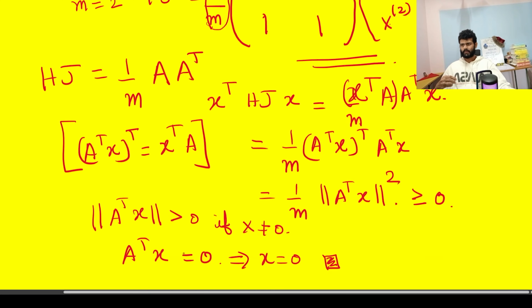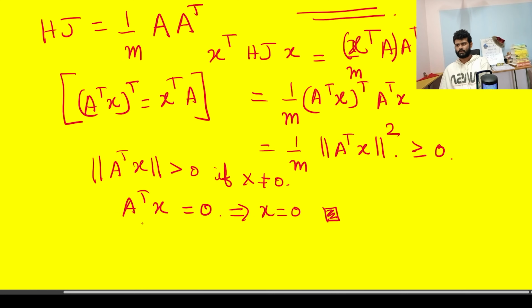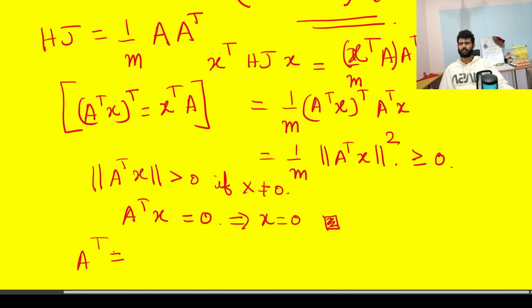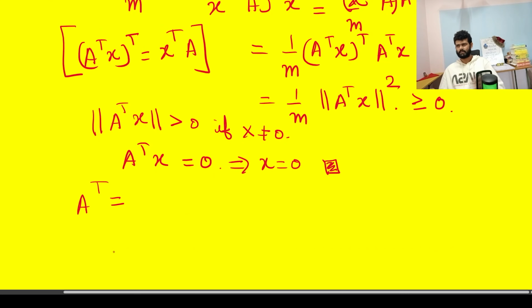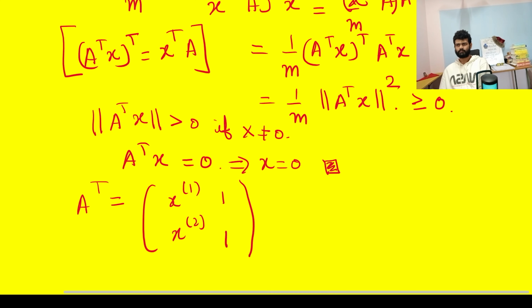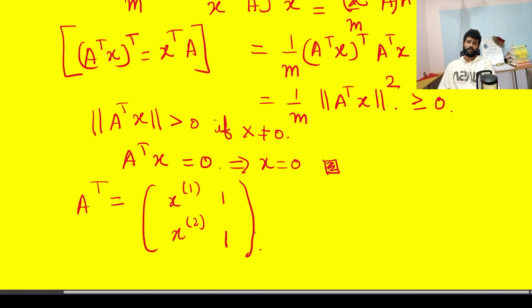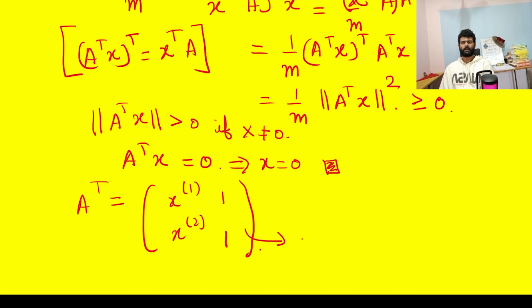Okay, so is this true? Because remember, A transpose is this particular matrix here. Let me write it down. x1, x2, 1, 1, right? Well, A transpose is formed as a function of the training set.